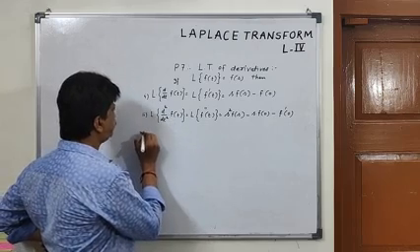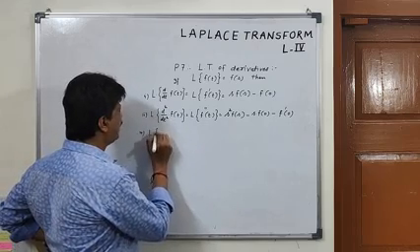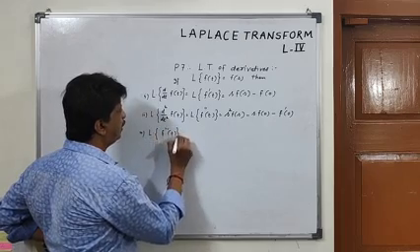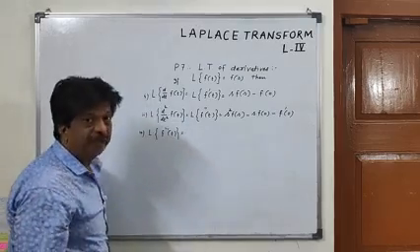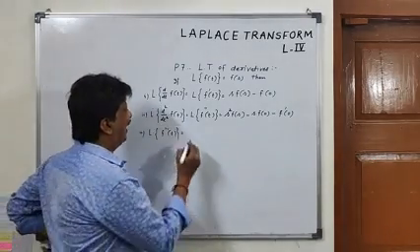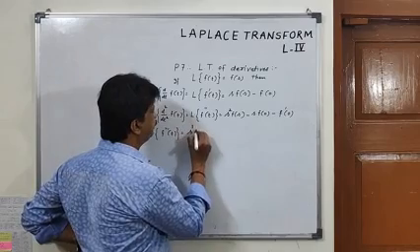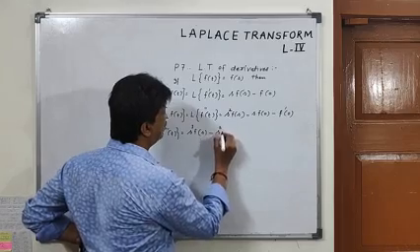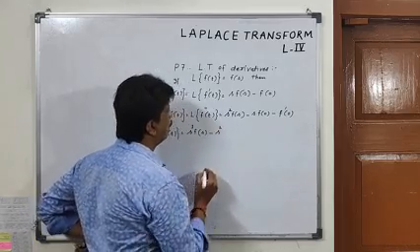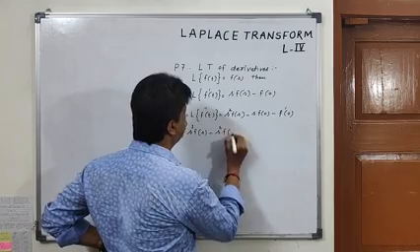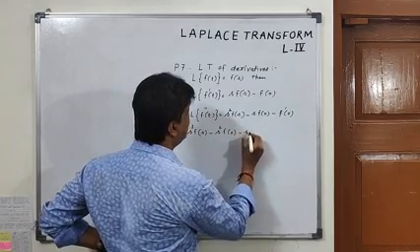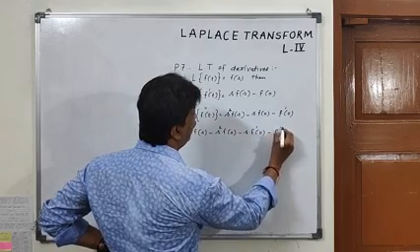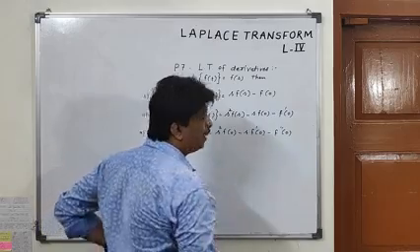Third one, Laplace transform of f triple prime of t, third derivative of f of t with respect to t, is s cube of F of s minus s square into f of 0 minus s into f prime of 0 minus f double prime of 0 and so on.